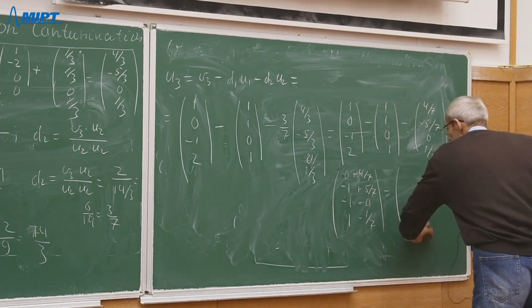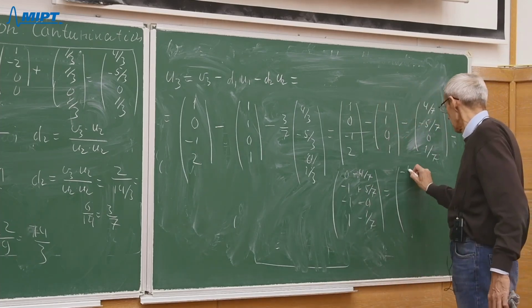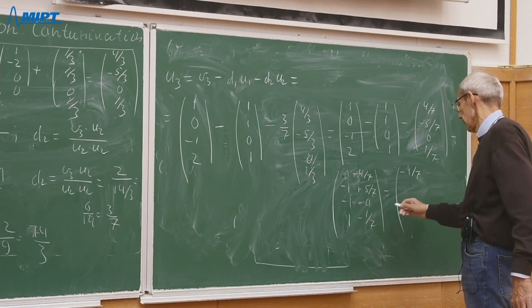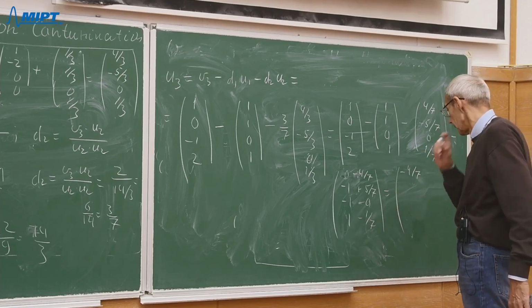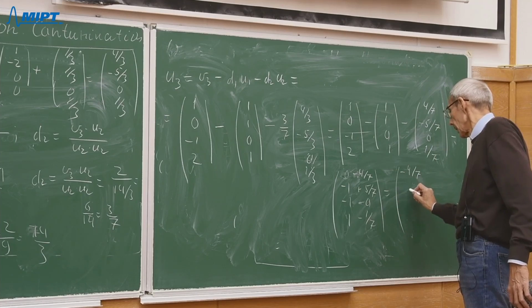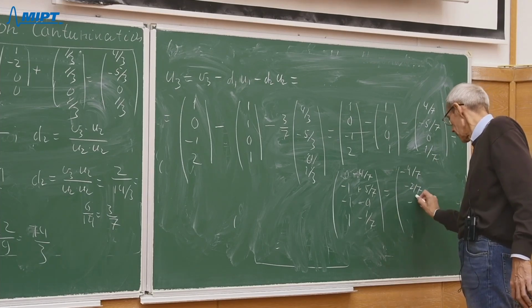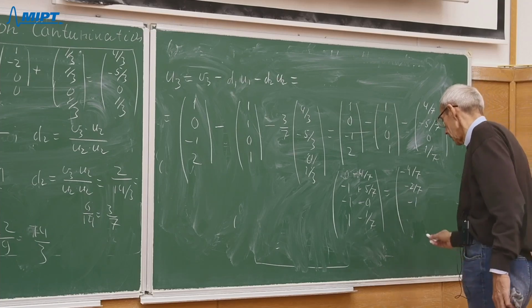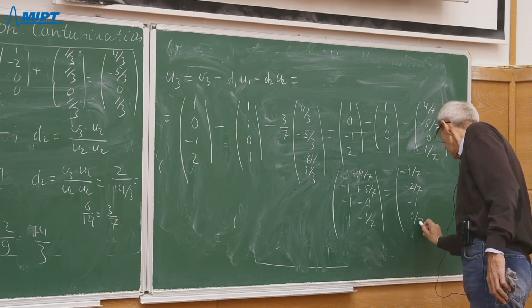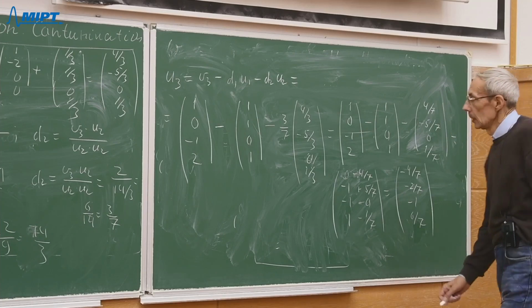And finally we obtain the following: 4, 7, minus 2, 7, minus 1, 6, 7.